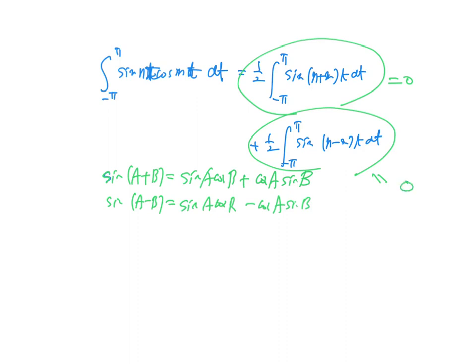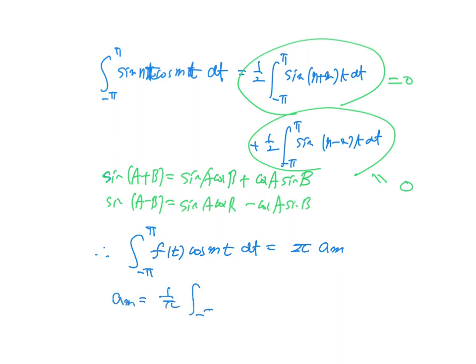So we have the integral of f(t) cosine mt dt is pi am, or am equals 1/pi times the integral of f(t) cosine mt dt.